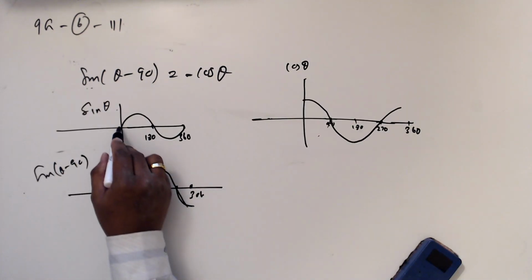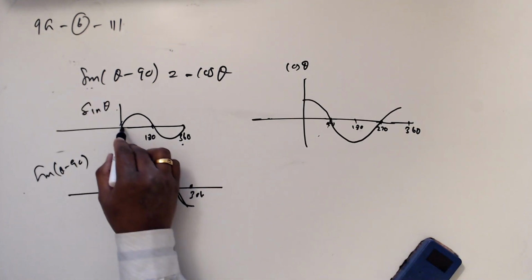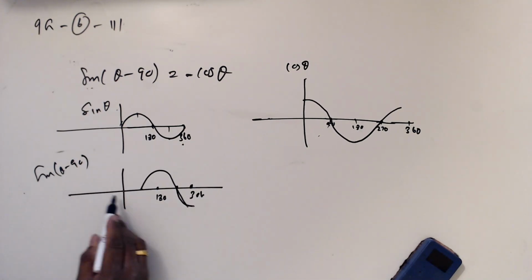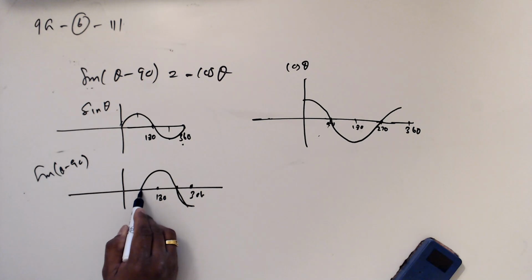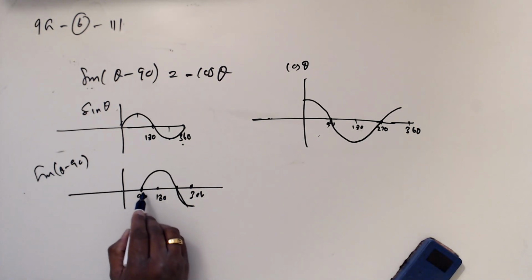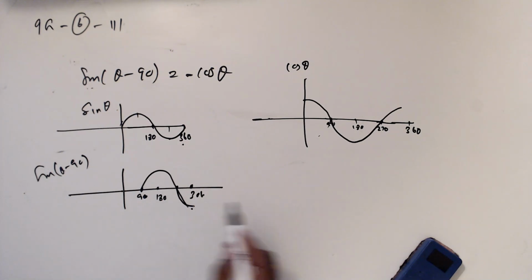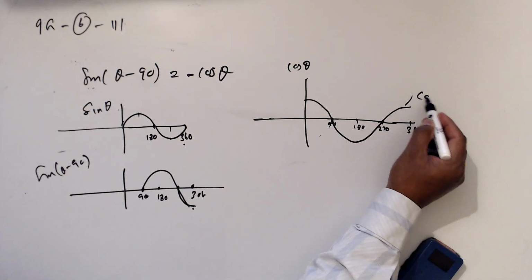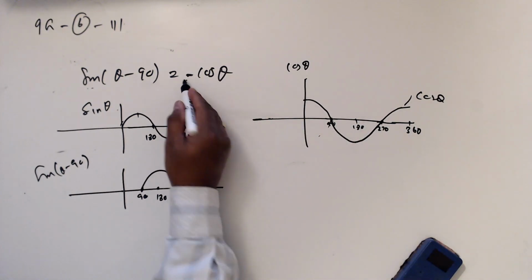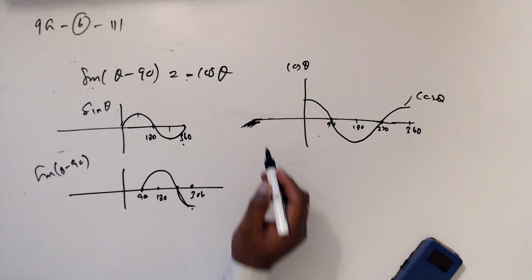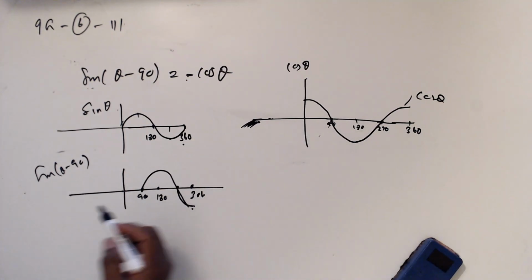Now you can see this is the sine theta graph, and I shift this one by 90 degrees to the right. Now instead of 0 here, it is at 90. So you can get this kind of graph. This is cos theta. Now we need minus cos theta. It means I want to get the mirror reflection around the x-axis.